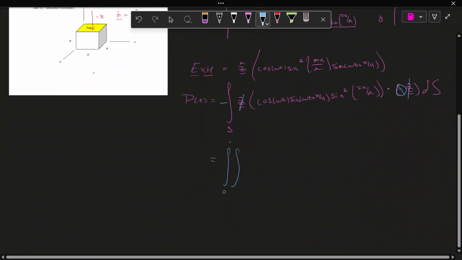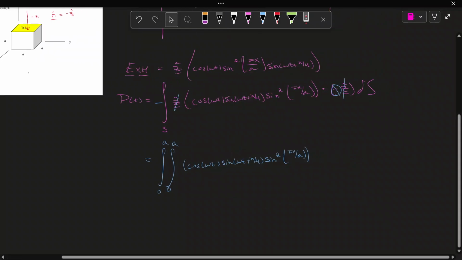So we take our integral from 0 to a, 0 to a, of what? Cosine omega t sine omega t plus pi over 4 sine squared pi x over a. And then what do we do, though? I mean, this is kind of weird. Remember, we also need to drop that negative, sorry.